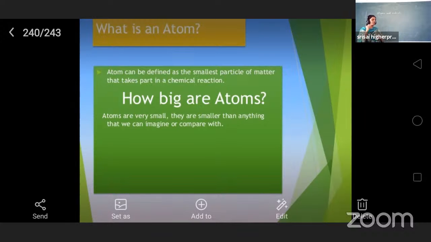It is a matter. The smallest particles of matter take part in a chemical reaction. So we can see that they take part in the chemical reactions.